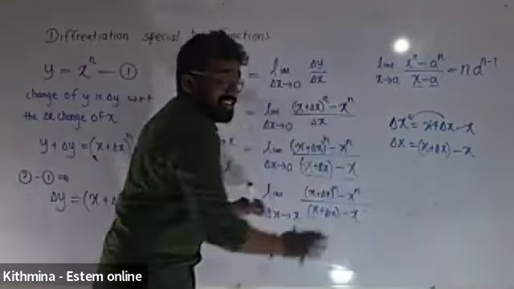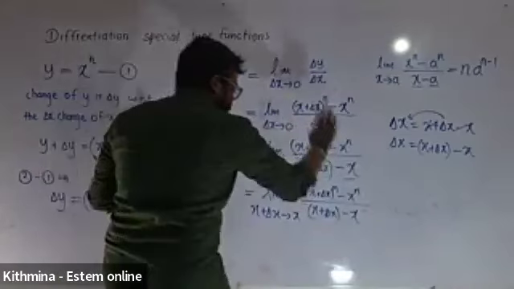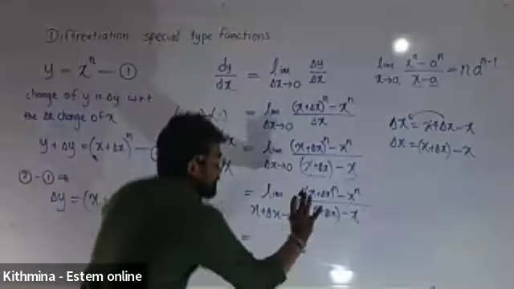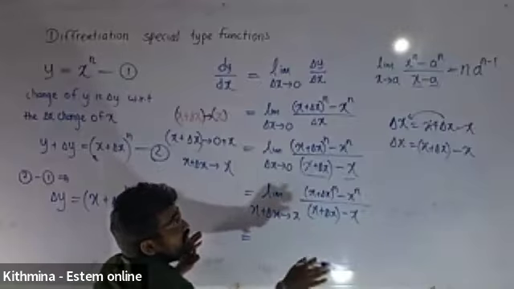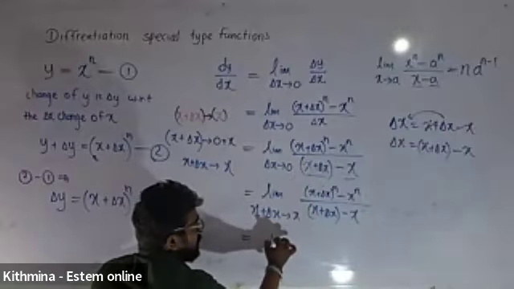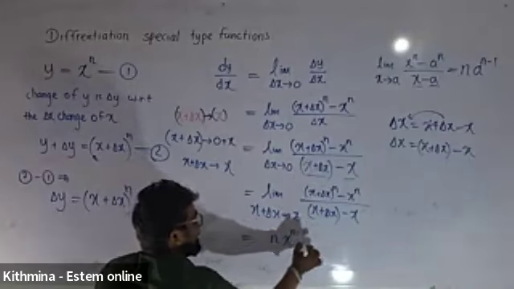Cancel these things out. We build these things, so it was very difficult. Now you can write the final answer, n a to the n minus 1, where now a is x. Okay, it's very easy.